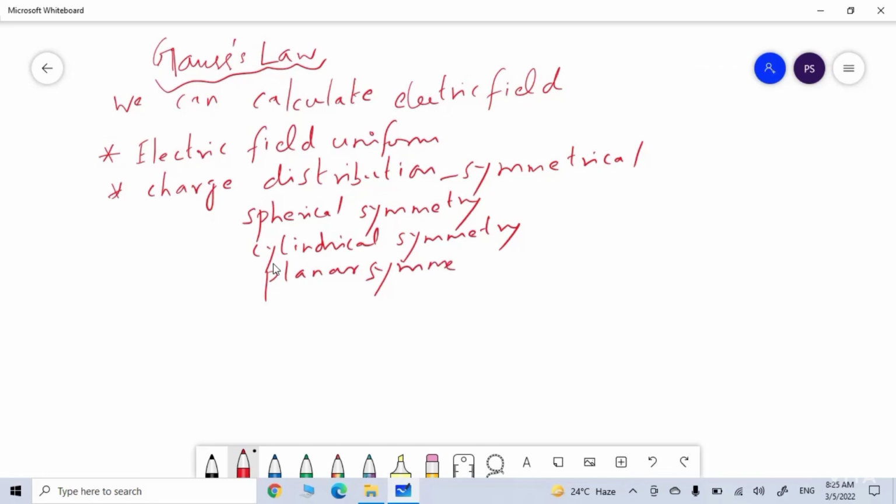These are the three symmetrical distributions that we are talking about. Once the distribution of charge confines to one of these symmetries, it is easy for us to draw a Gaussian surface, which is an imaginary closed surface, and calculate the electric field, examples of which we will see in the next class. Thank you.